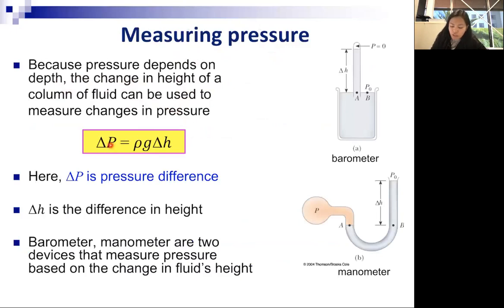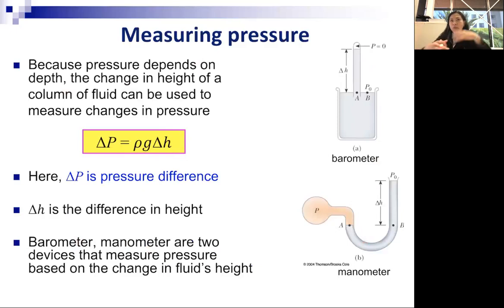And so the change in pressure, delta P, the pressure difference, depends on the change in the height of the liquid in the column. The barometer and the manometer shown here are two examples of devices that use this concept to measure the pressure.